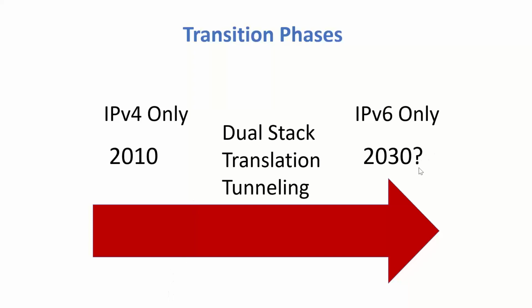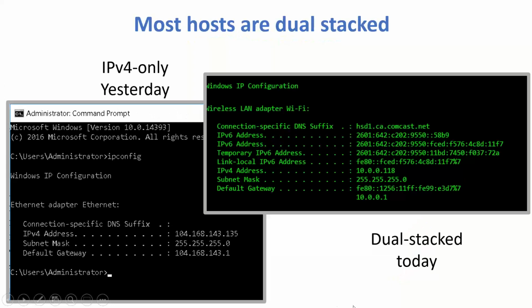And who knows? When I first did this, I think I did it in 2010, I was thinking, oh my goodness, 2030 is so far away. Well, it doesn't seem quite so far away now.